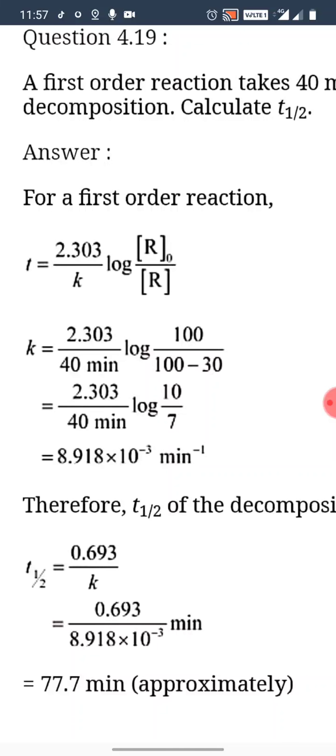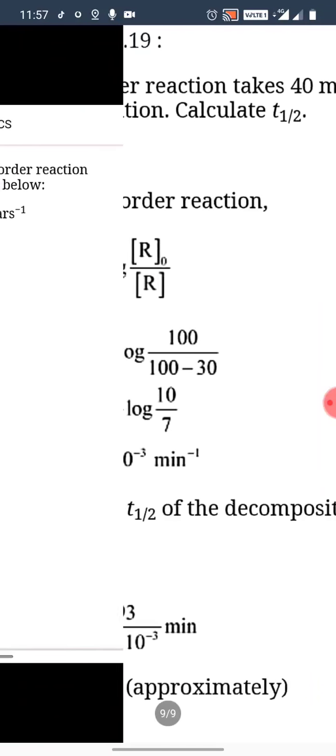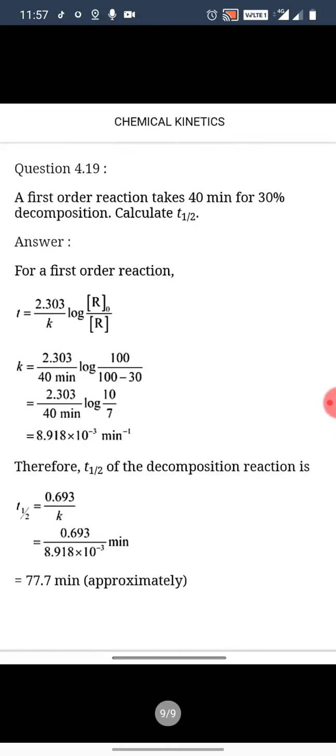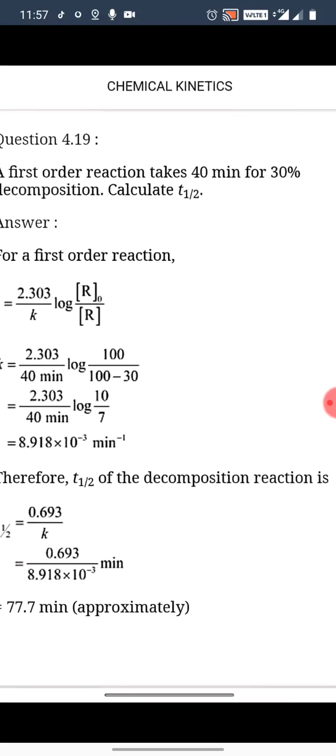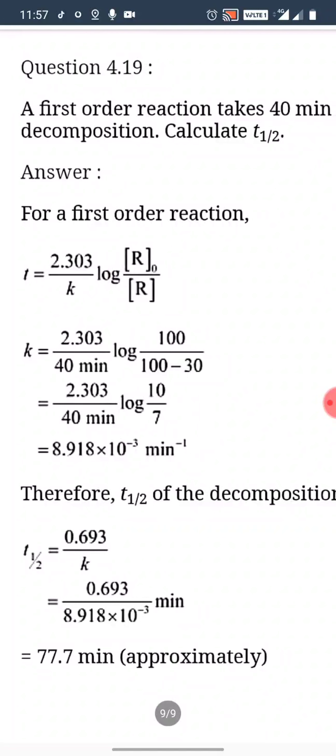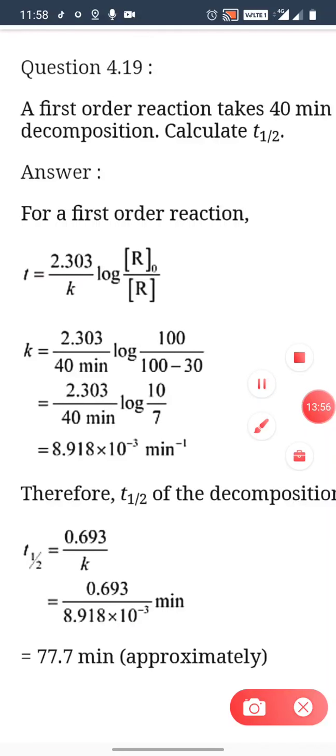The value of t is given to you as 40 minutes, and the rest I explained to you, how you got 100 upon 70, and then everything else is just substituted and you will get the value of K as 8.918 into 10 raised to the power minus 3 minute inverse.